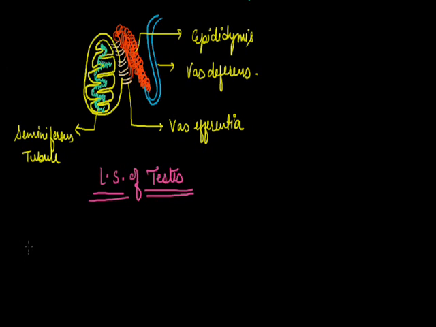Now about a very important structure that is known as semen. Semen is an alkaline reproductive fluid which is secreted by the seminal vesicle and prostate gland. It's an alkaline reproductive fluid.